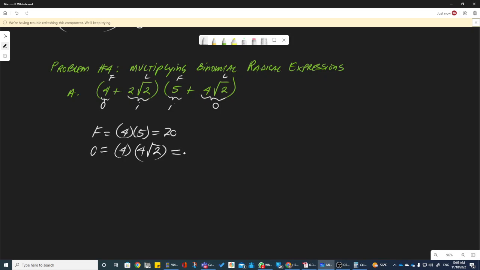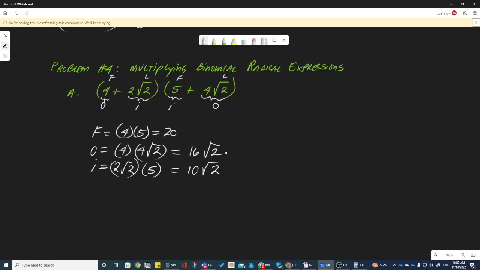So 4 times 4 is 16, and then you add the radical. The inner is equal to 2 and the square root of 2 times 5. The same case, 2 times 5 equals 10.